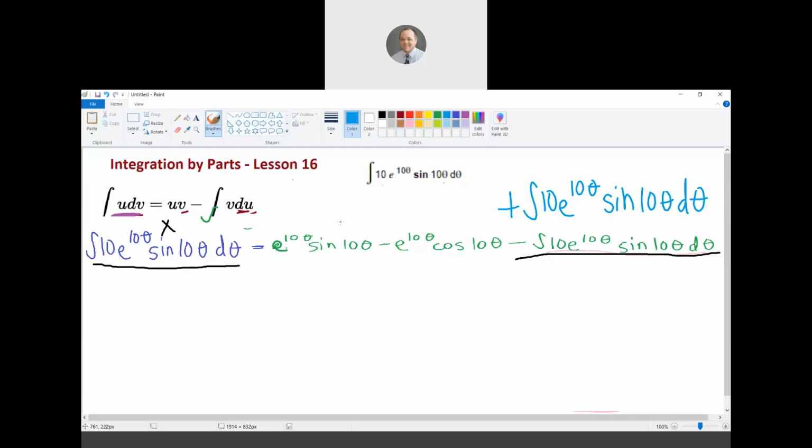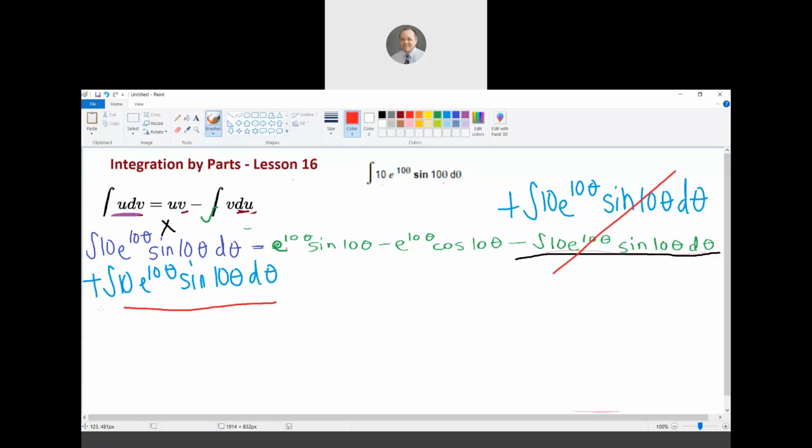Okay, so I'm going to do the same thing here. Let me erase this line. I'm going to add the integral of 10e to the 10 theta, etc., to the left-hand side. Now on the right-hand side, these like terms cancel out.